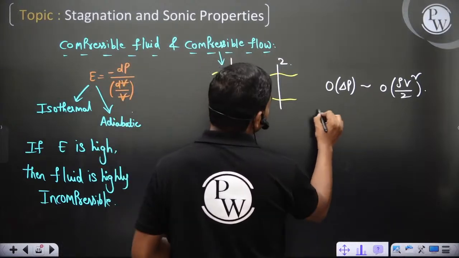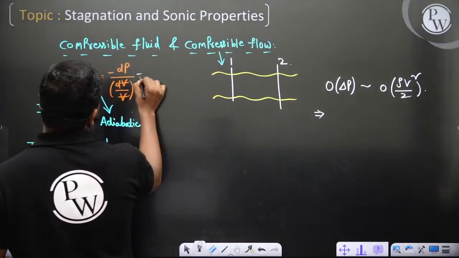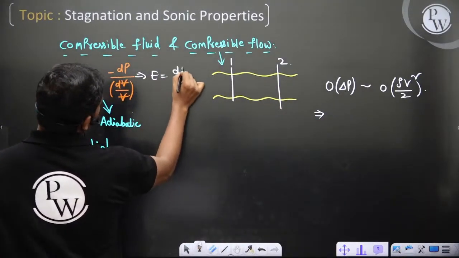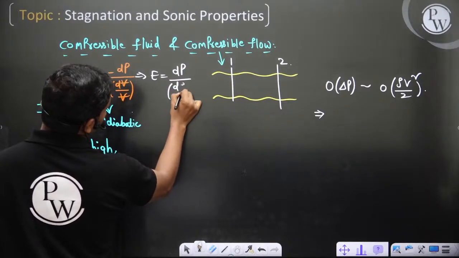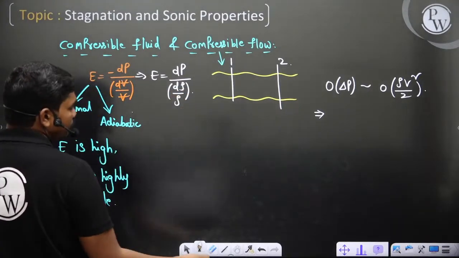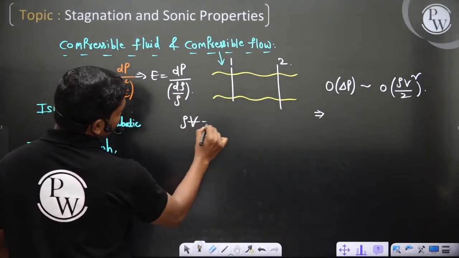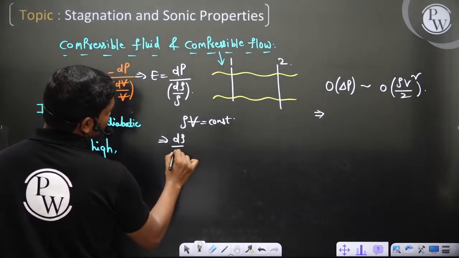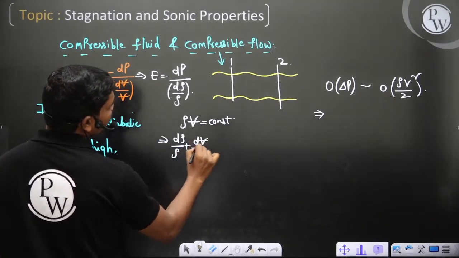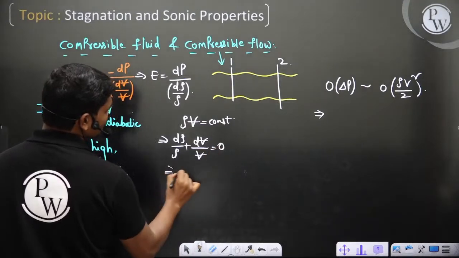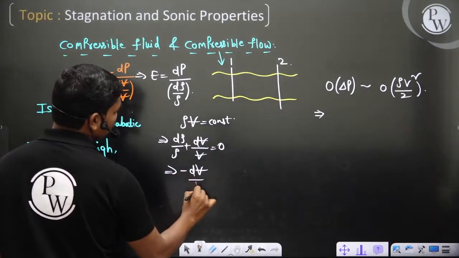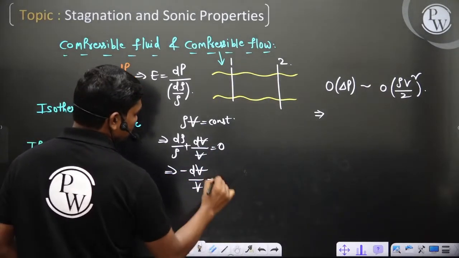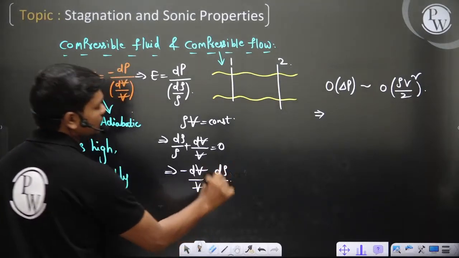And the pressure change in any fluid can be written using this formula as E is equal to dP by d rho by rho, because if you take any mass of any substance, rho V is equal to constant, and if you do differentiation, we get d rho by rho plus dV by V is equal to 0. So this gives you minus dV by V is equal to d rho by rho here.